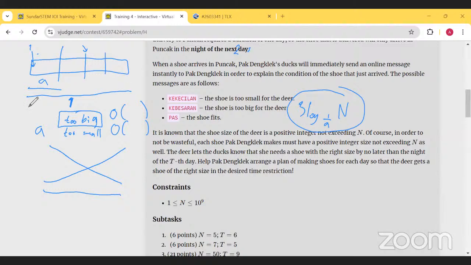Or maybe we can generalize the problem. Let's say the delay is m days. So we do m plus 1 queries like this, because we keep querying while waiting for the response, and then after getting the response, unfortunately this is too big, and then all of the responses are redundant.